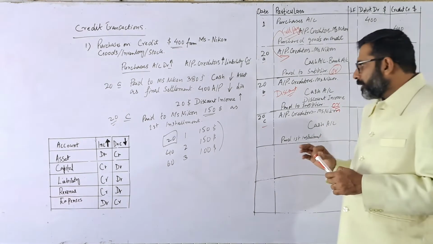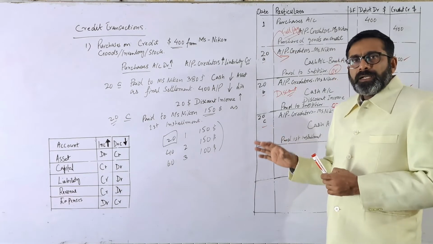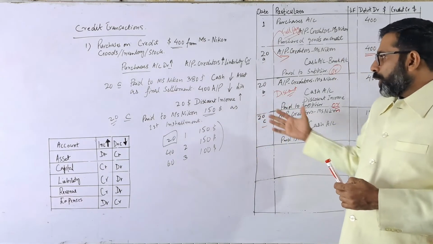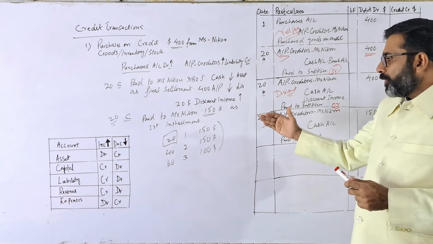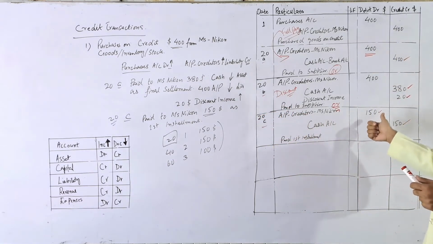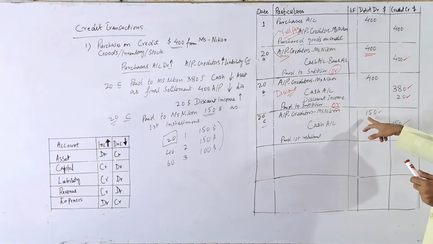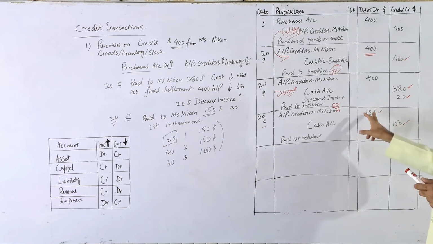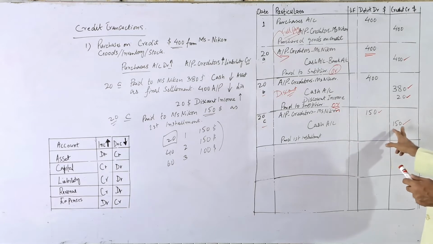And then the third option is that instead of settling the whole amount of $400, you are paying the amount in installments, and you are paying the first installment of $150. So here the payable will be debited by $150, and the cash will be credited by $150.